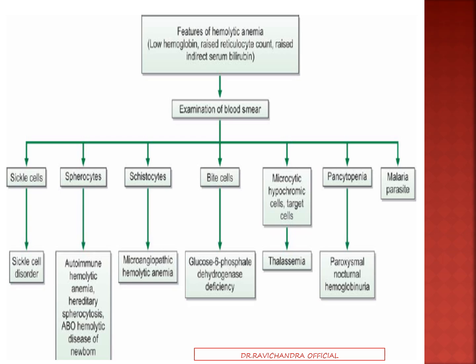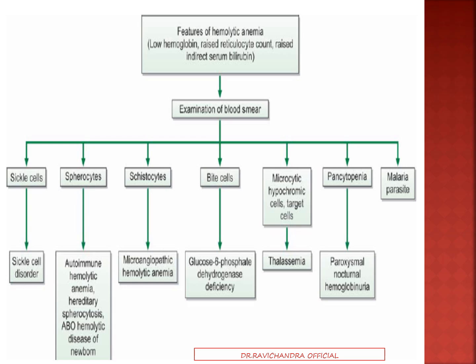If there are schistocytes in the peripheral smear, then definitely it is MAHA, microangiopathic hemolytic anemia. If you observe bite cells in a peripheral smear, then it is glucose 6 phosphate dehydrogenase enzyme deficiency that is causing anemia. If there are microcytic hypochromic cells and target cells, then it is a case of thalassemia.